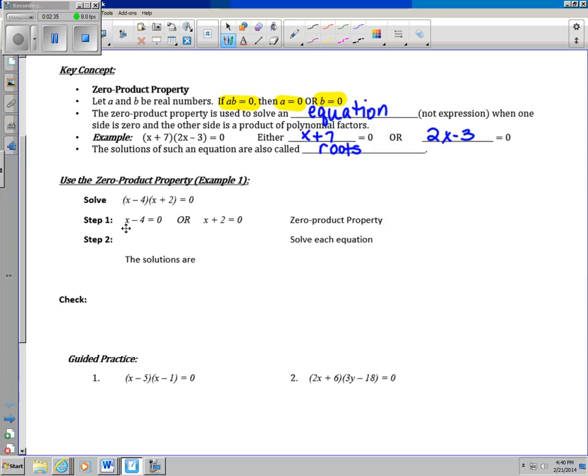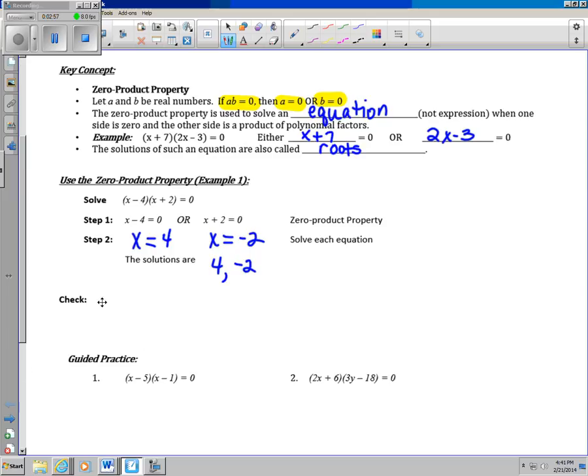Adding 4 to both sides of x minus 4 equals 0, we get x equals 4. Subtracting 2 from both sides of the other equation, we get x equals negative 2. So our two solutions are 4 or negative 2. Either one of those would make that equation true.